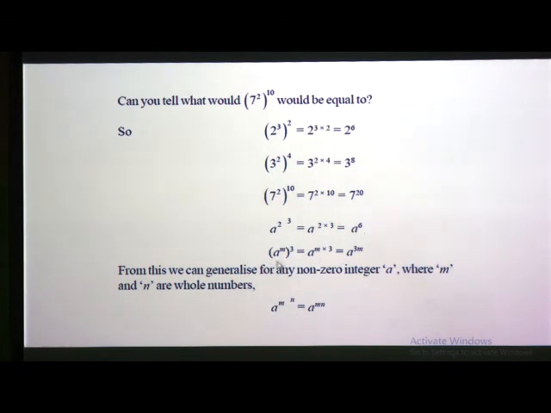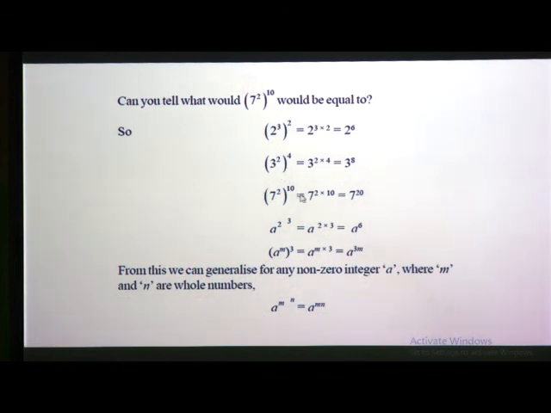Now, if it is m into n, we can write it as nothing but a product, so we can say it is mn. From this we can generalize: for any non-zero integer a, where m and n are whole numbers, powers will always be whole numbers.